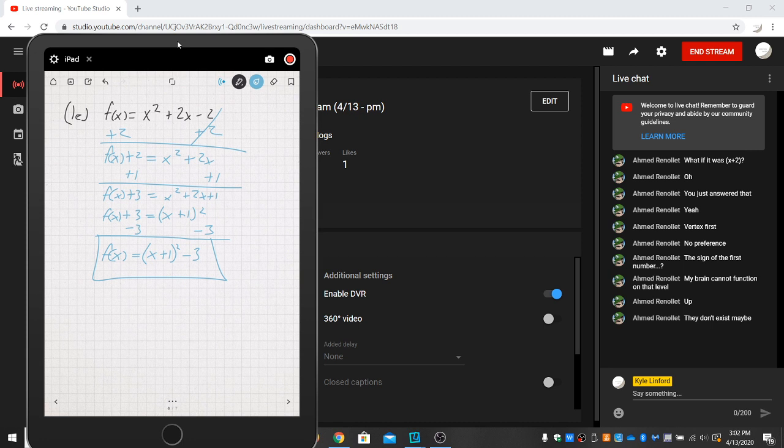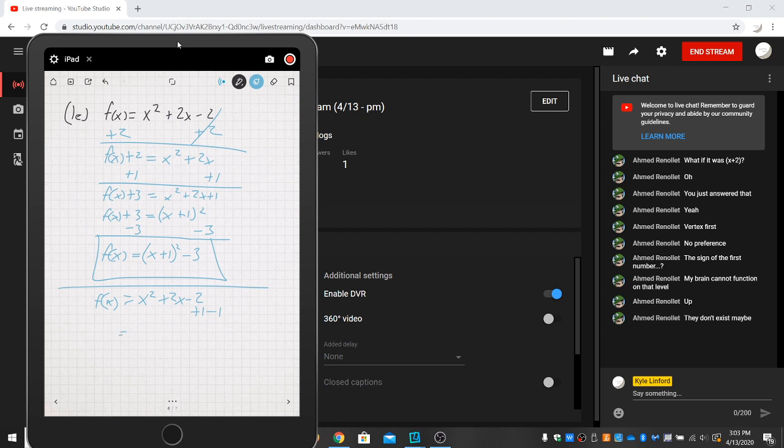You could have done this also by doing f of x equaling x squared plus 2x minus 2, and you could have decided to, right here, start from this step where you add 1 and subtract 1 from both sides.